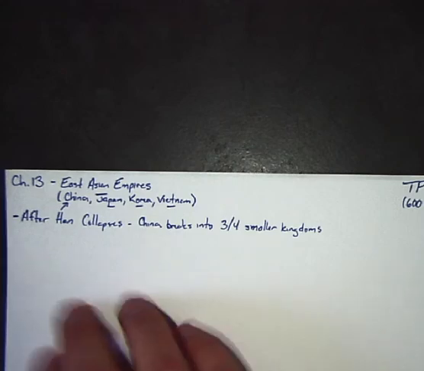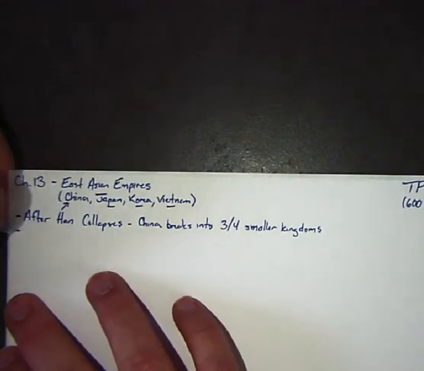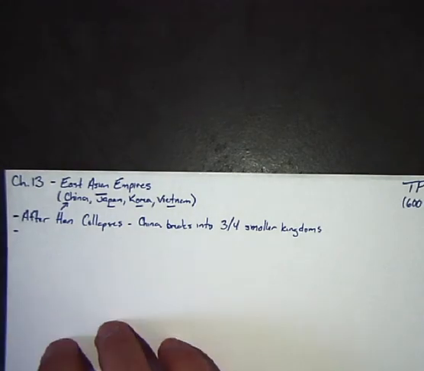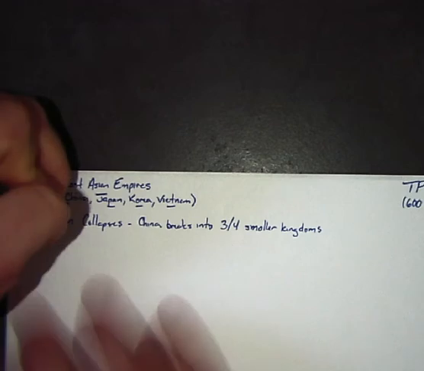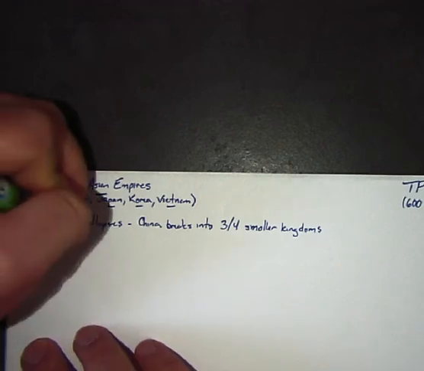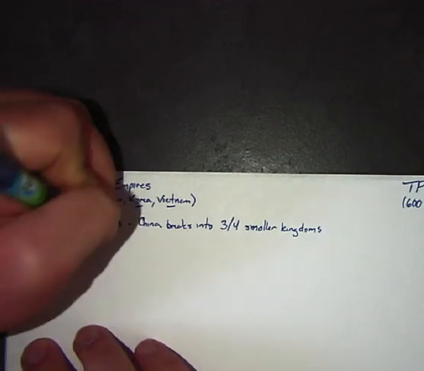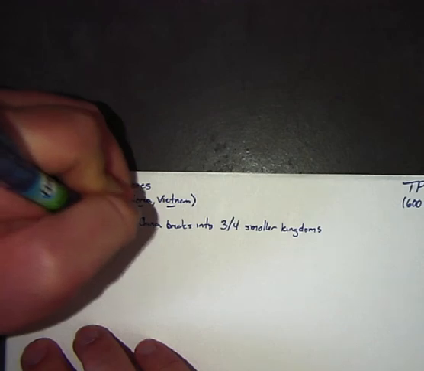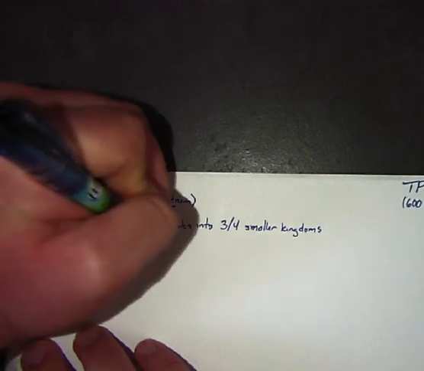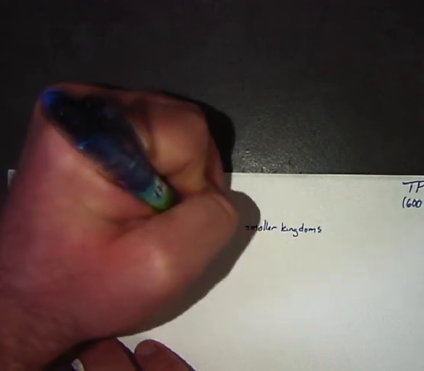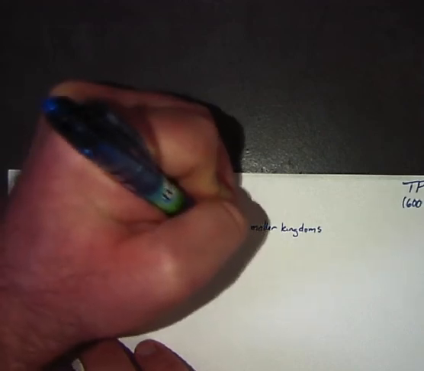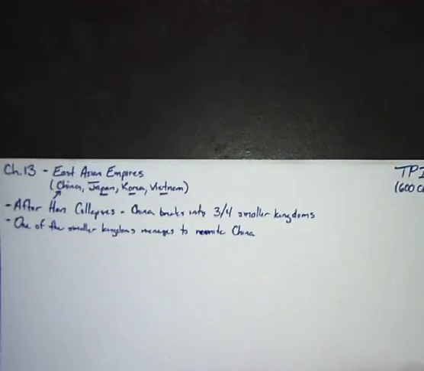And just like we saw after the Zhou Dynasty collapse and we get the period of warring states, one of the smaller kingdoms manages to reunite China. And we get a new dynasty.